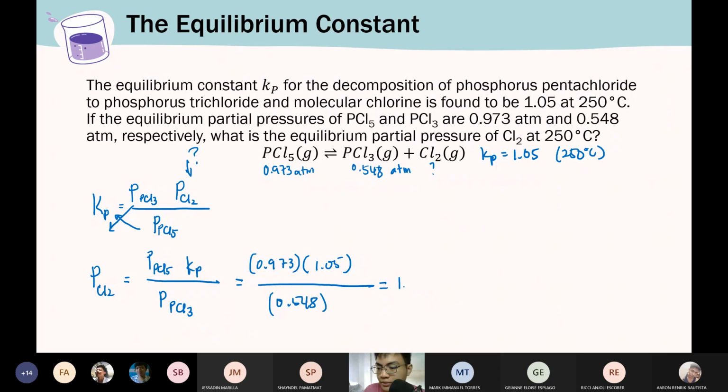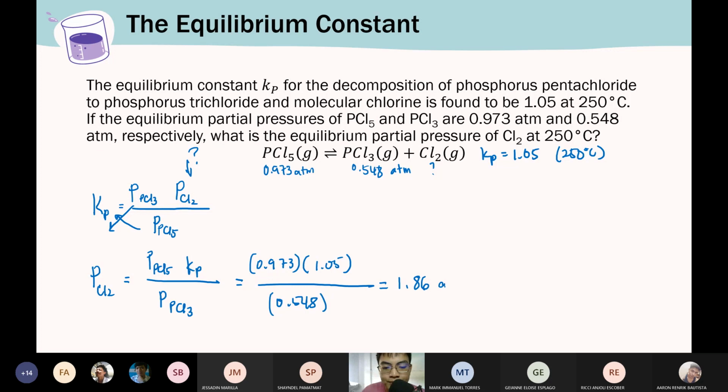So it's 186. You'll notice that when we solve using equilibrium, we don't write the units for Kp. But at the end of the calculation, you should show the unit, because we are looking for pressure.